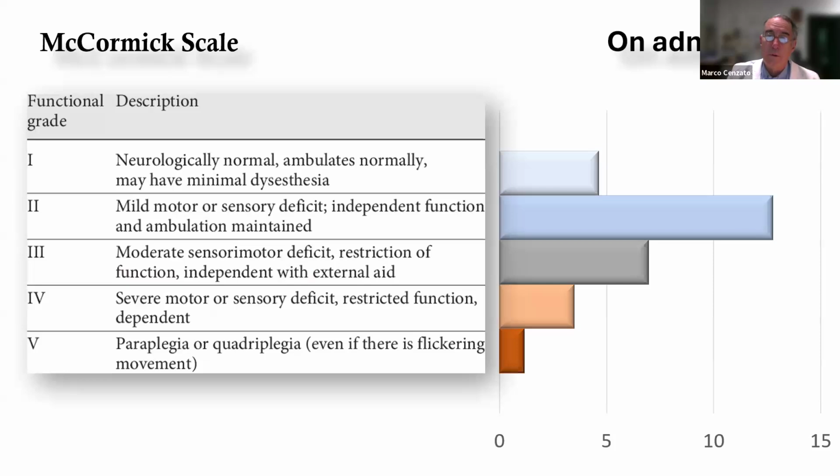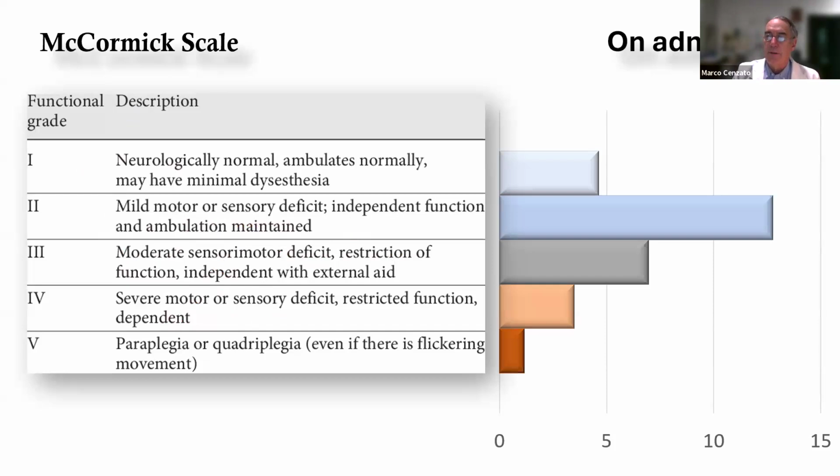And almost all the patients had some problem on admission. Very few were neurologically normal. Many of them had a mild motor or sensory deficit or moderate motor and sensory deficit, and some of them had a severe or more serious problem.